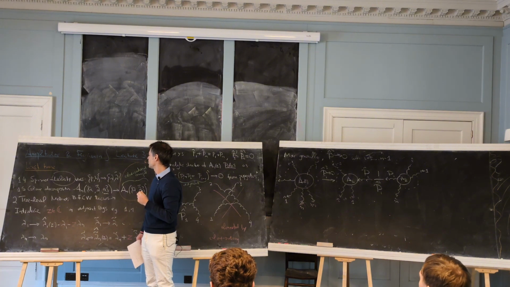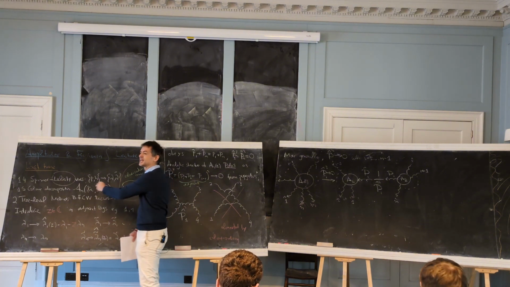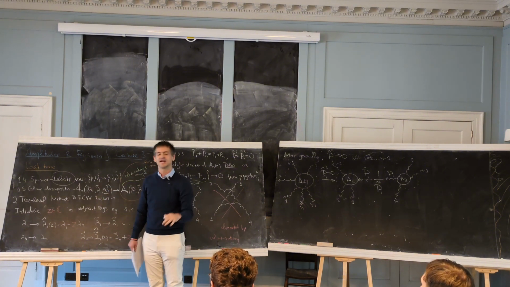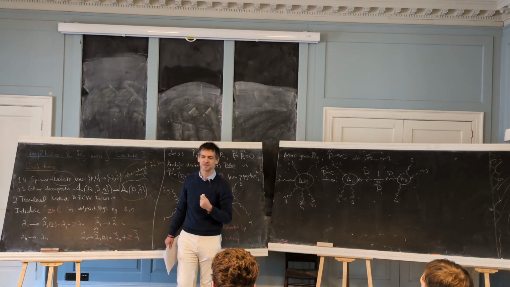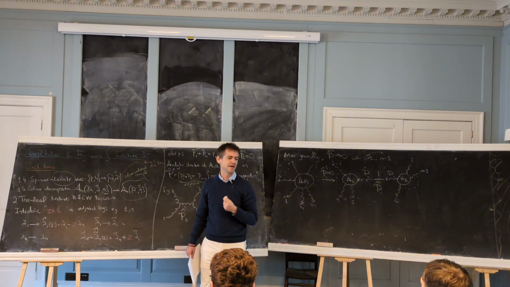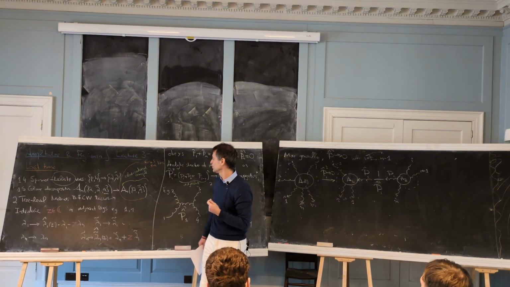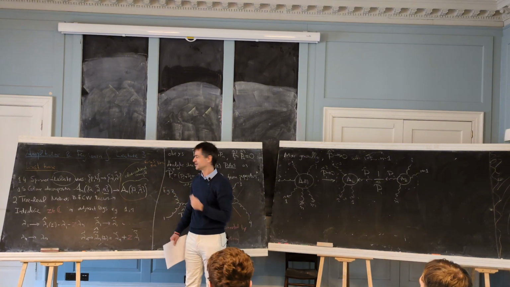We discussed how it is possible to disentangle these, to factor them out, and then to be left with an object known as the color-ordered amplitude, which no longer depends on color, and it's therefore much simpler.